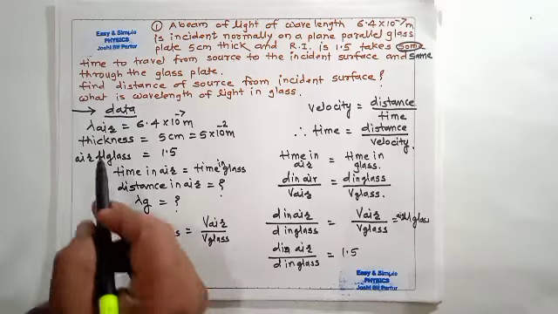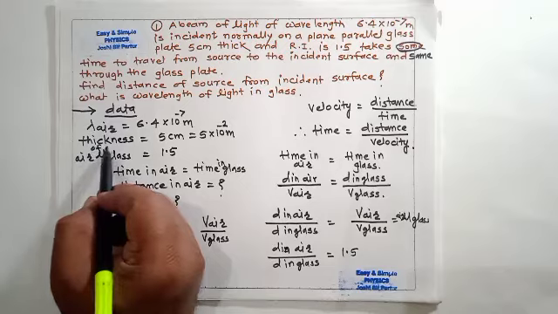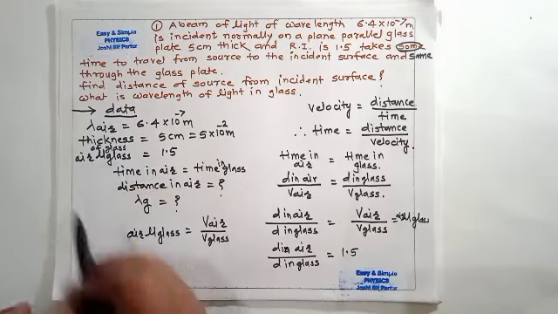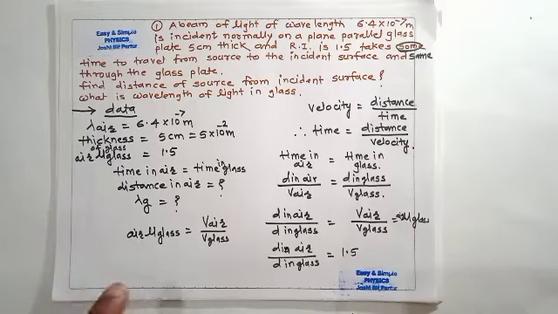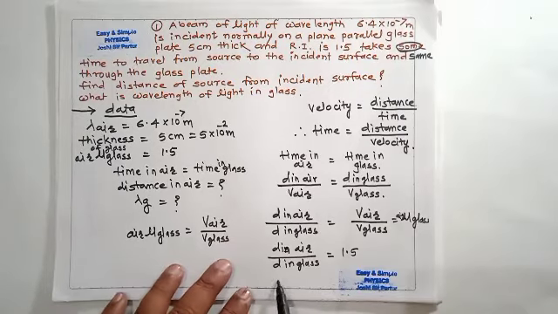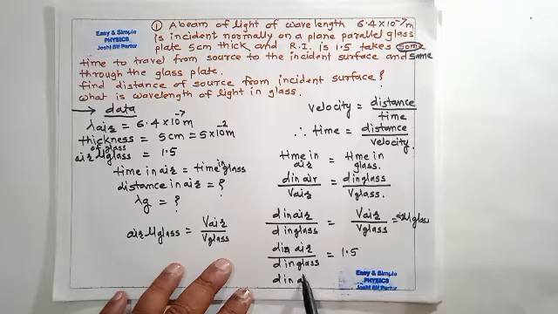The thickness of the glass plate is given, which means the distance traveled by light in glass. So distance in air is equal to 1.5 multiplied by distance in glass.